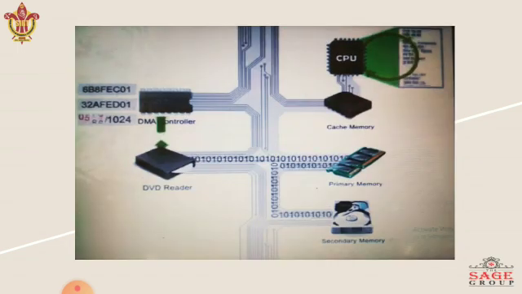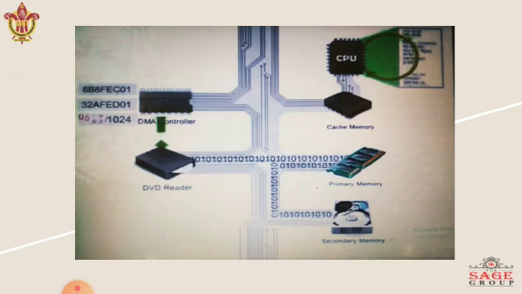Once the DMA controller gets control over the data bus, it reads the device, that is the DVD reader, for the total number of bytes to input.